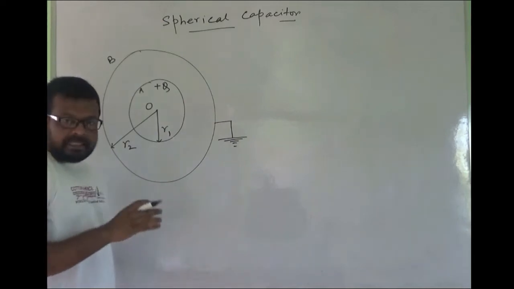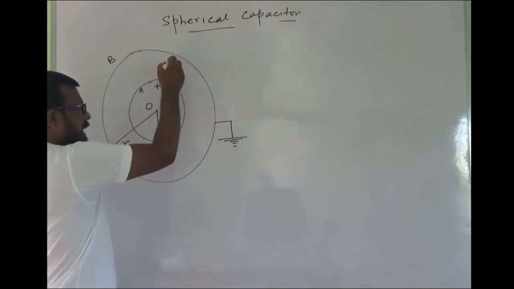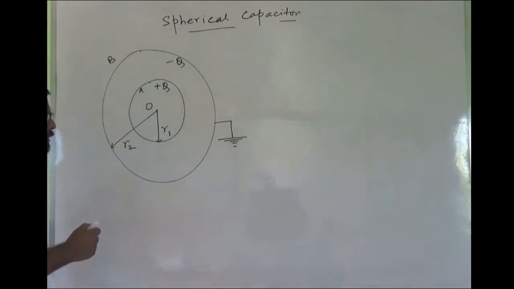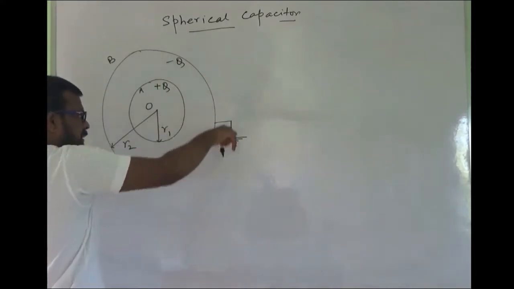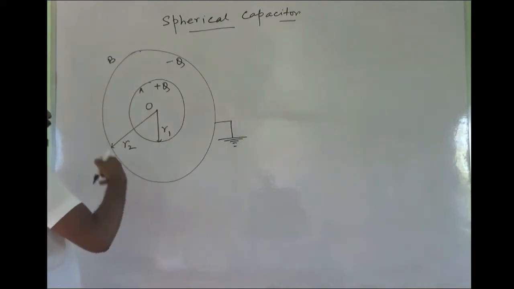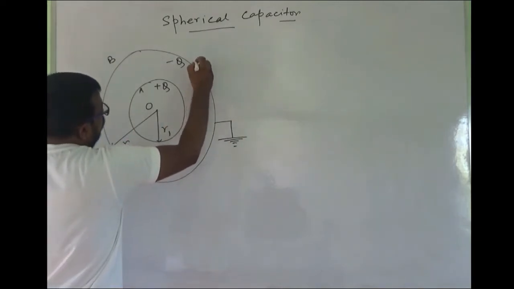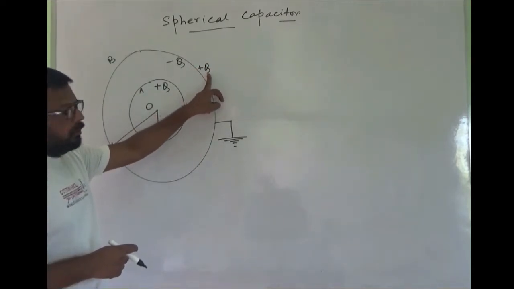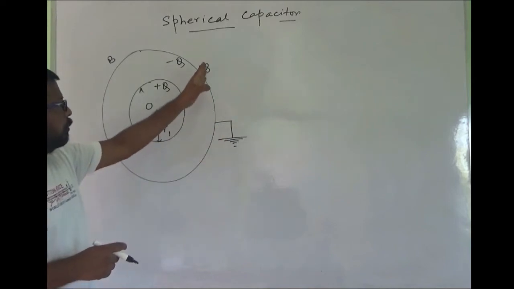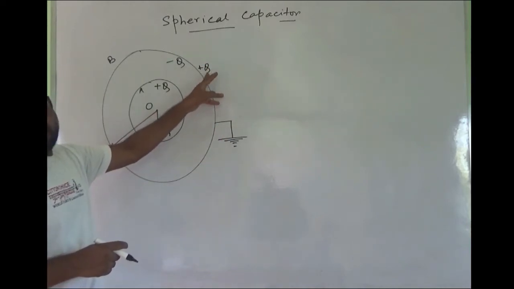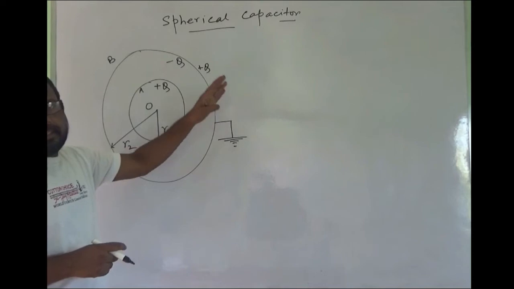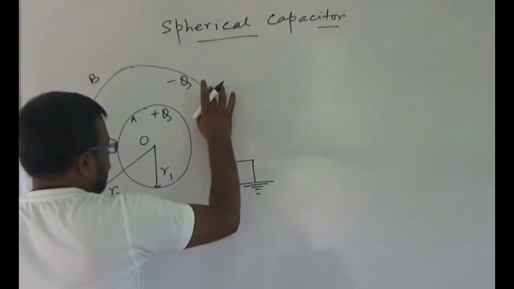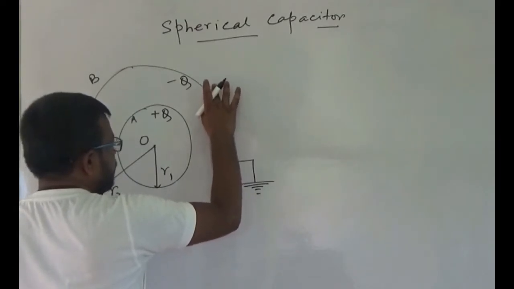The inner side of the outer spherical cell will be induced by minus Q charge, and the outer surface of the outer spherical cell will be induced by plus Q charge, and this plus Q charge will be neutralized by the Earth's negative charge. Now this plus Q charge disappears.